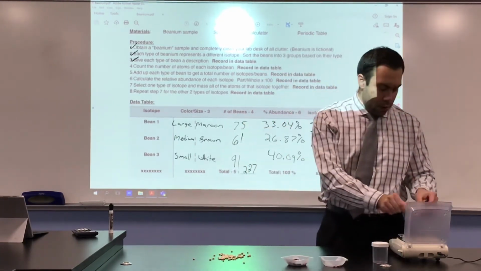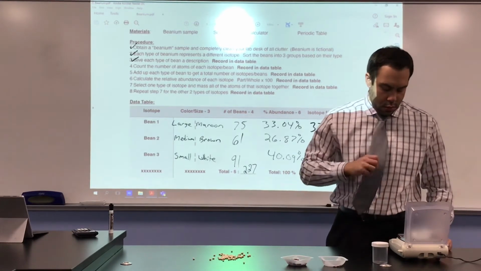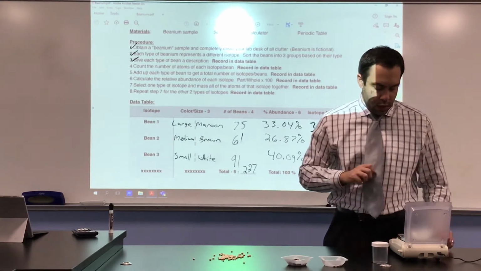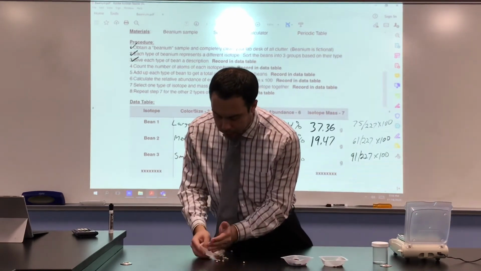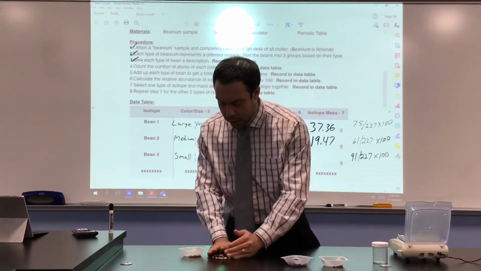Take a third weigh boat, zero it out. These are very small, be careful with them to not lose them.